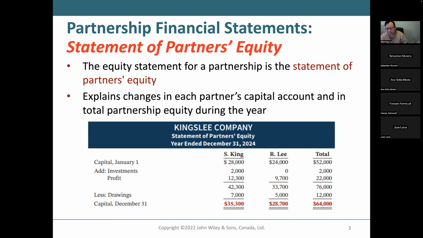The reason for that is they made more money than their withdrawals. If the partnership earned more money than the partners withdrew, then the partnership should have more equity, and their capital should increase. That is the case in this example. So the partnership interest increased from 52,000 to 64,000.